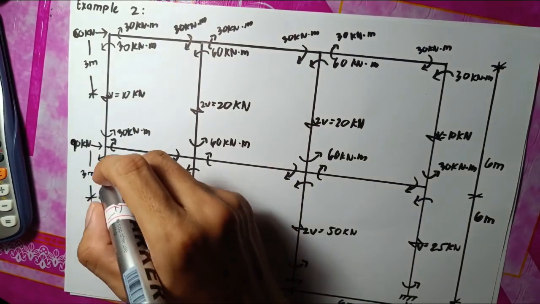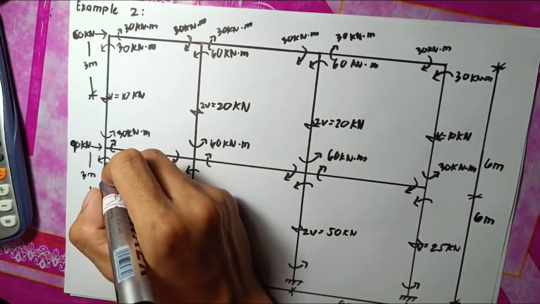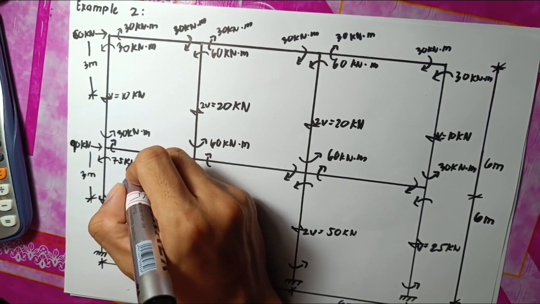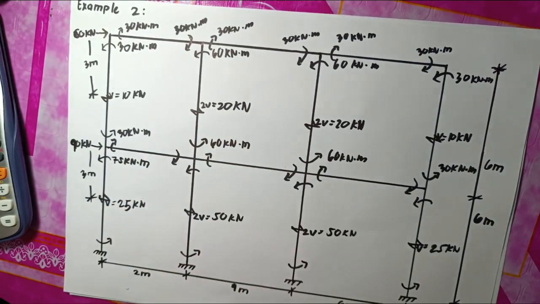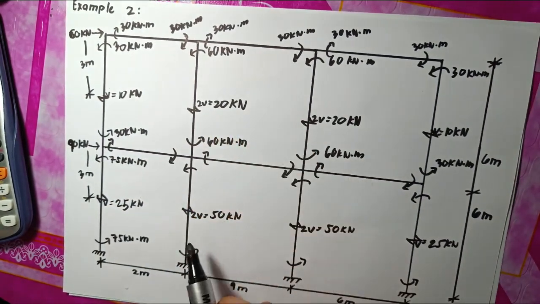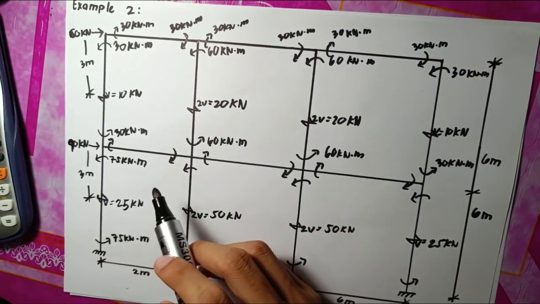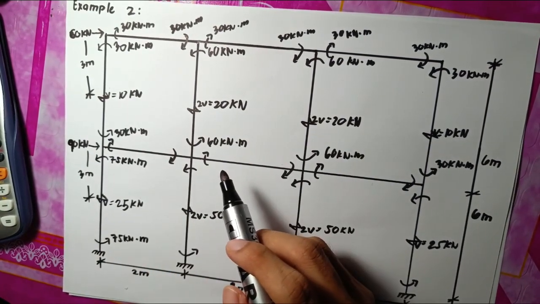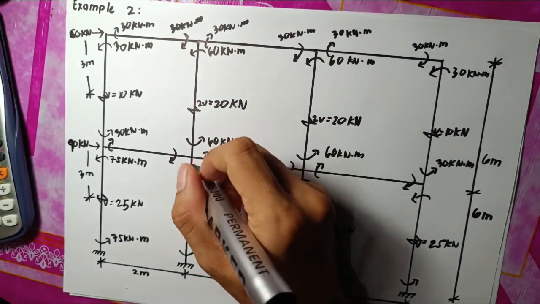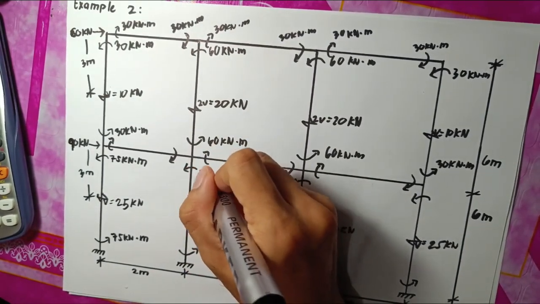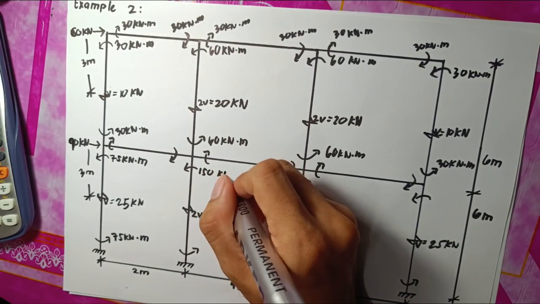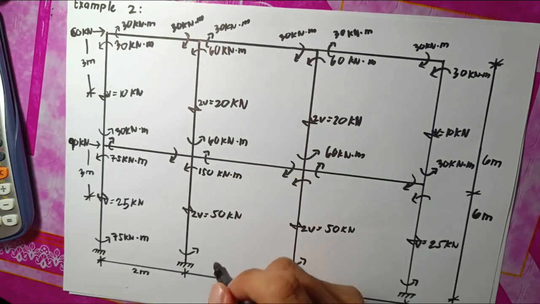So 3 times 25 is 75. And 50 times 3 is 150 kN meter.